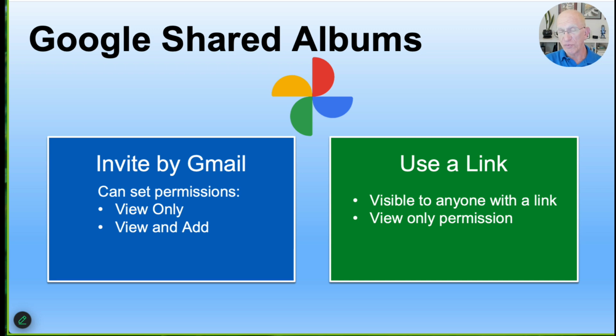So you may have seen or thought about a challenge here. What if I use Google Photos, but my friend doesn't have a Gmail account? How do I invite them to view and add photos? Well, you can't. It's not possible. You have somebody that took photos with an iPhone, they use a Samsung or another Android phone, and they don't have an Apple ID. You can't invite them. So there are drawbacks to both Google Photos and Apple Photos.